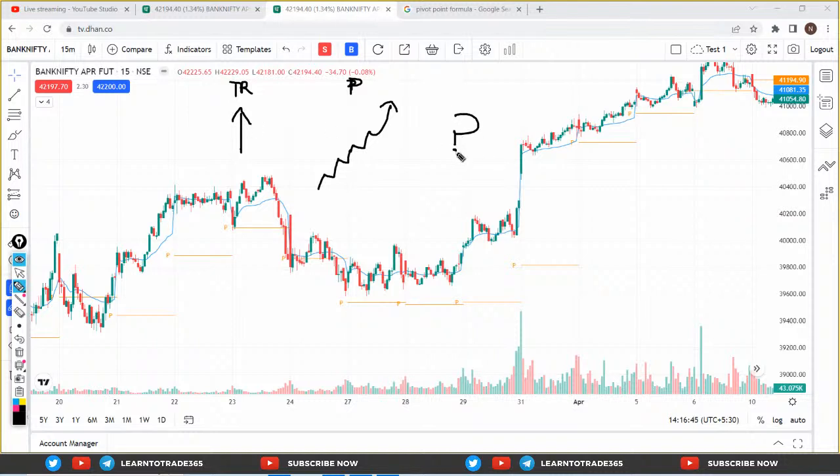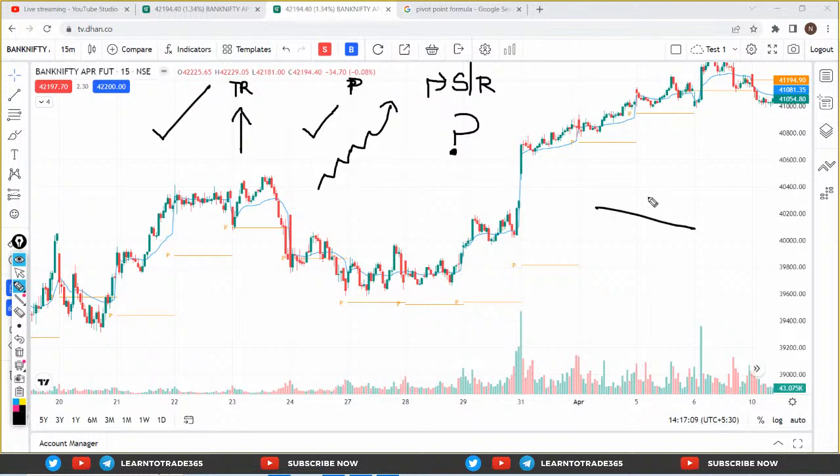Where should a trader give more focus or more importance? Should he or she focus more on support or more on resistance? If you ask me, I will tell you trend is up, price is trying to move up, so my main focus should be on support.